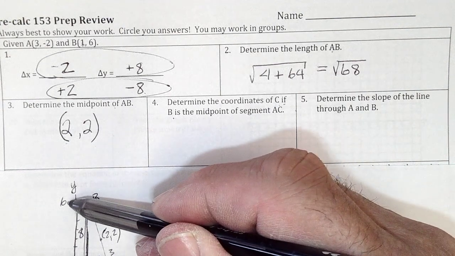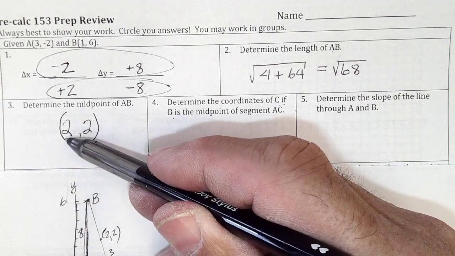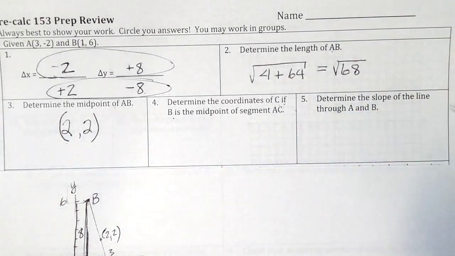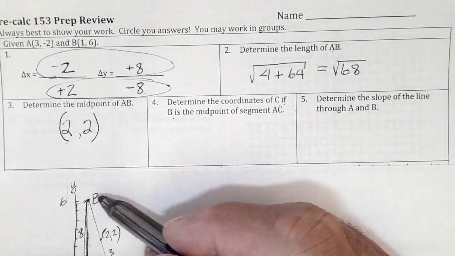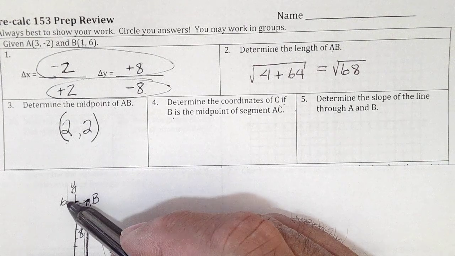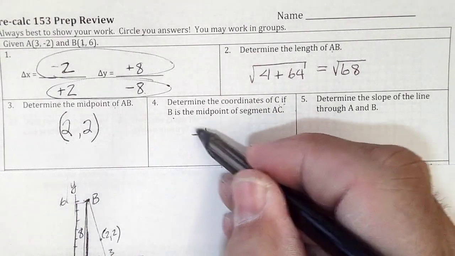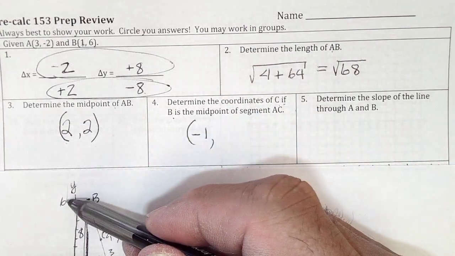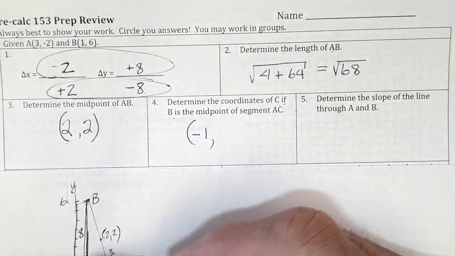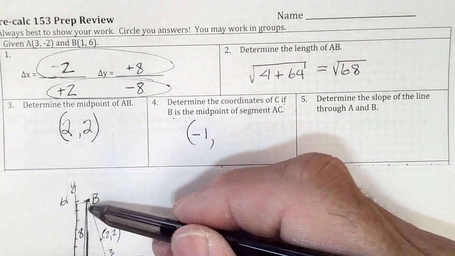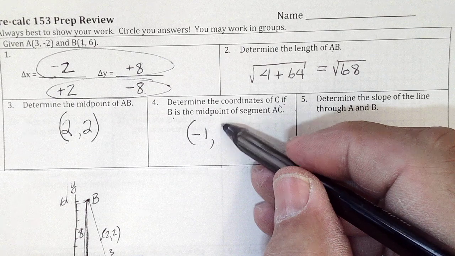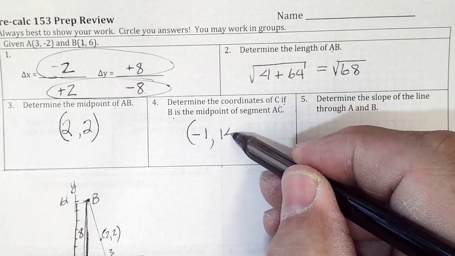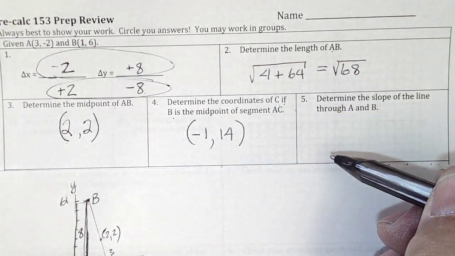We'd have to go back 2 more and up 8 more to get to C. So if we go back 2 more, we'd be at -1. And if we go up 8 more, because this was 8, we have to go up another 8 from a height of 6. 8 plus 6 is 14. That's where C would be.